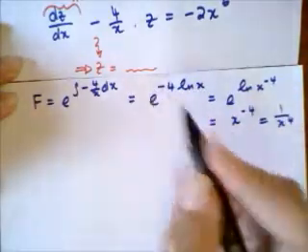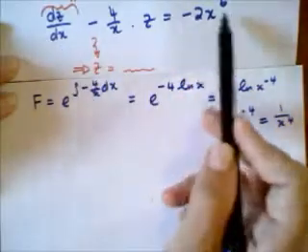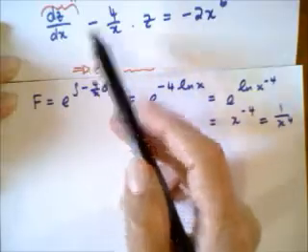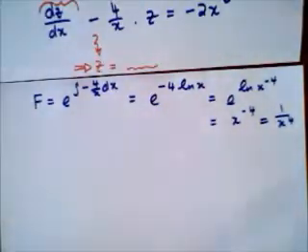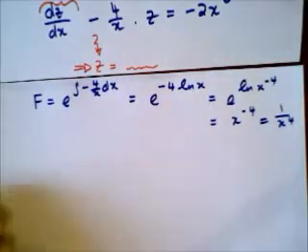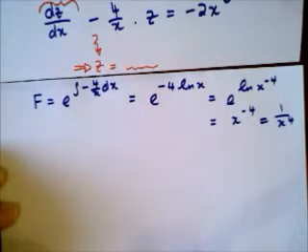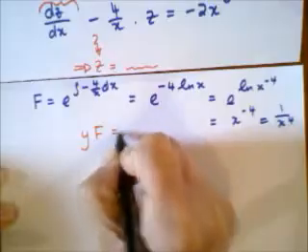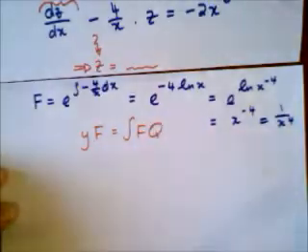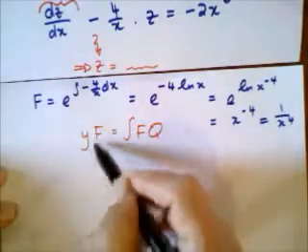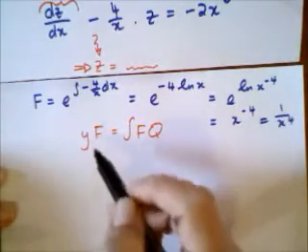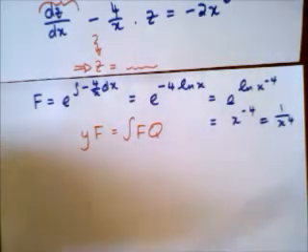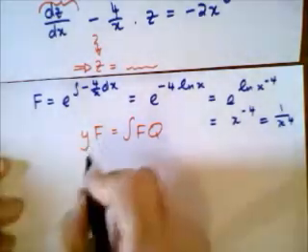Once you have your integrating factor, you can find the solution for the linear differential equation. Now you'll remember in our previous examples when we did linear differential equations, we used this formula here. Right? And we had the y there. In this case, your dependent variable is not the y, it's going to be z.